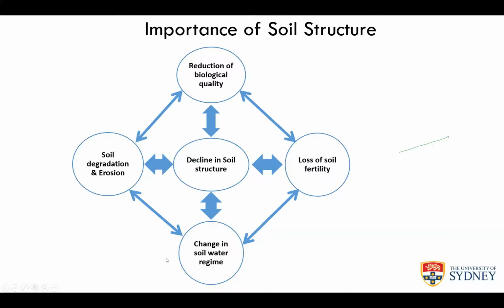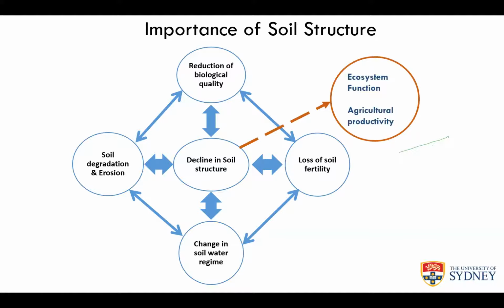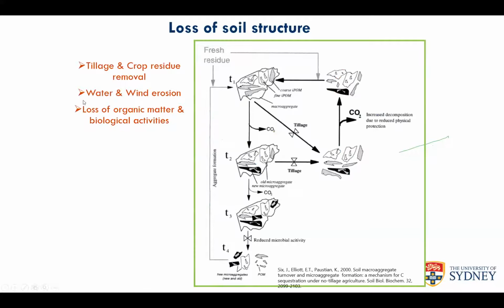So we need to stop the decline of this soil structure so that we can have ecosystem function and agricultural productivity. The loss of soil structure can be due to tillage and crop residue removal. And then the consequence is water and wind erosion and loss of organic matter and biological activities. So in Australia, a lot of the soil is like this.